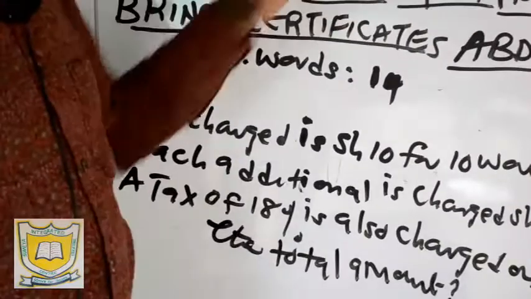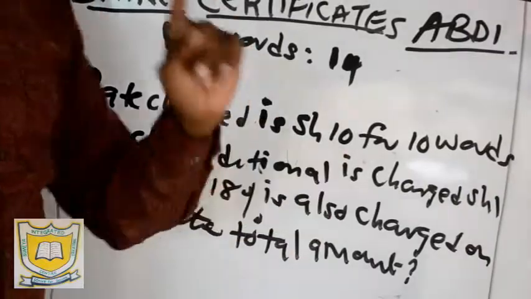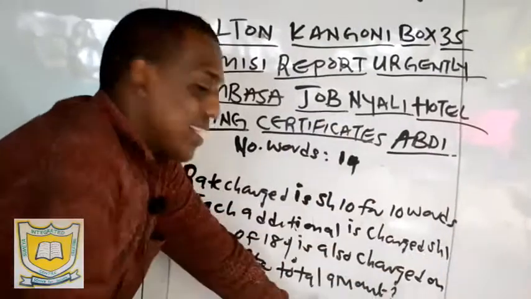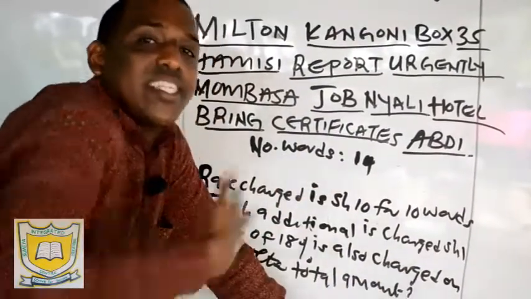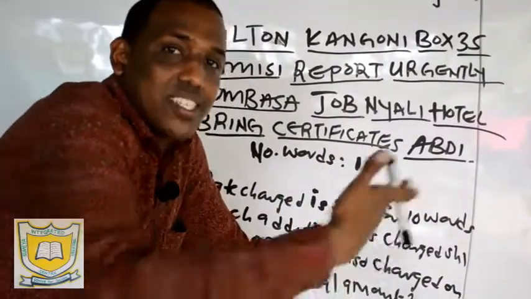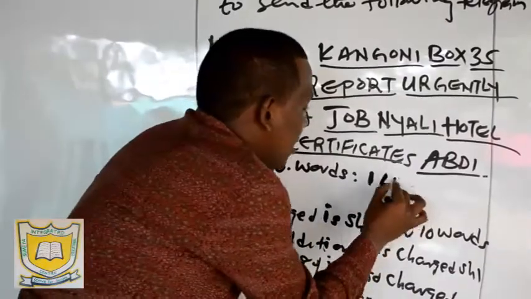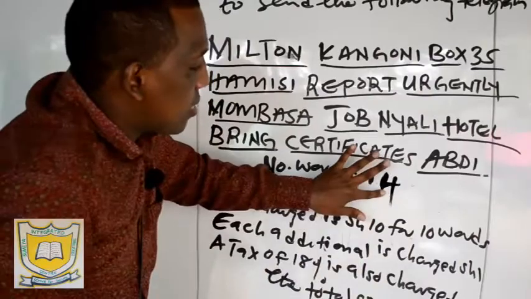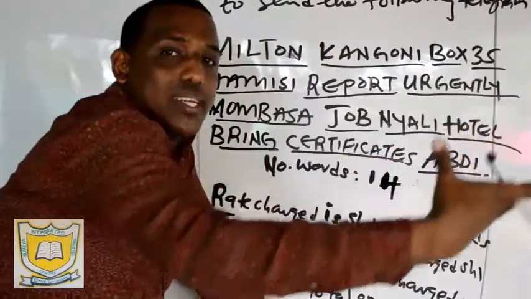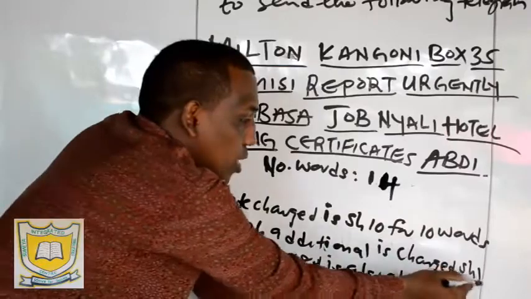When you are sending, you will be charged. They said shillings 10 for the first 10 words. Any extra or additional word means the words that come after the first 10. If there are 14 words, 4 are extra, and each extra word is charged at shillings 1.